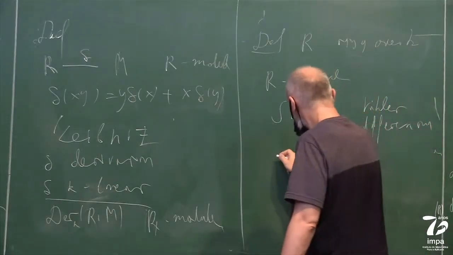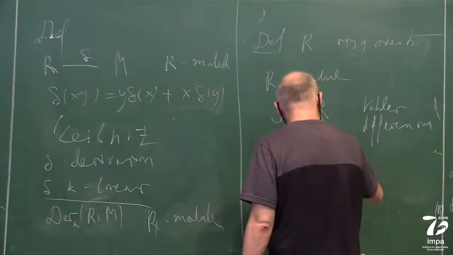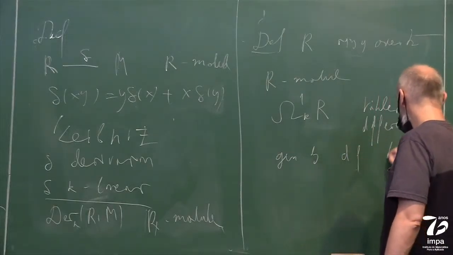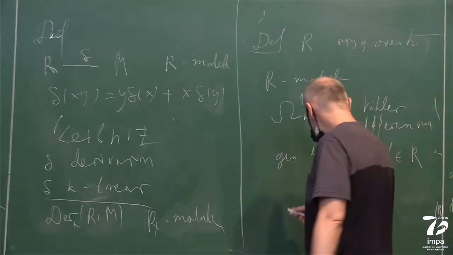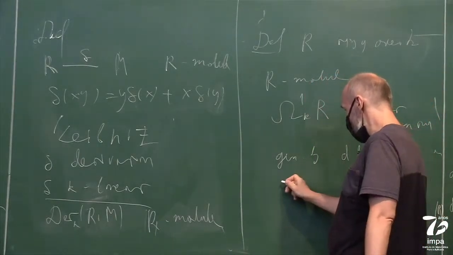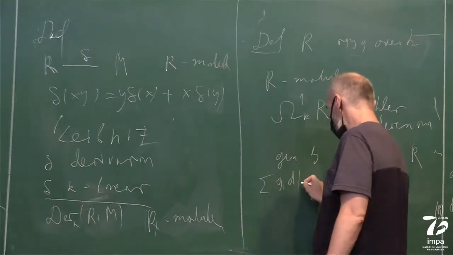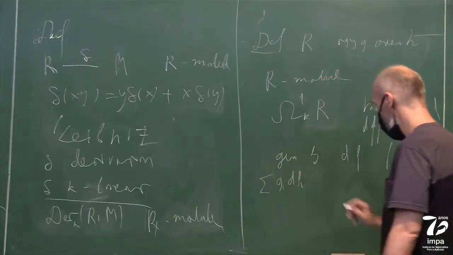It's formally generated by elements df, where f is an element of R. So elements of this module are sums of g_i df_i, these kinds of sums.